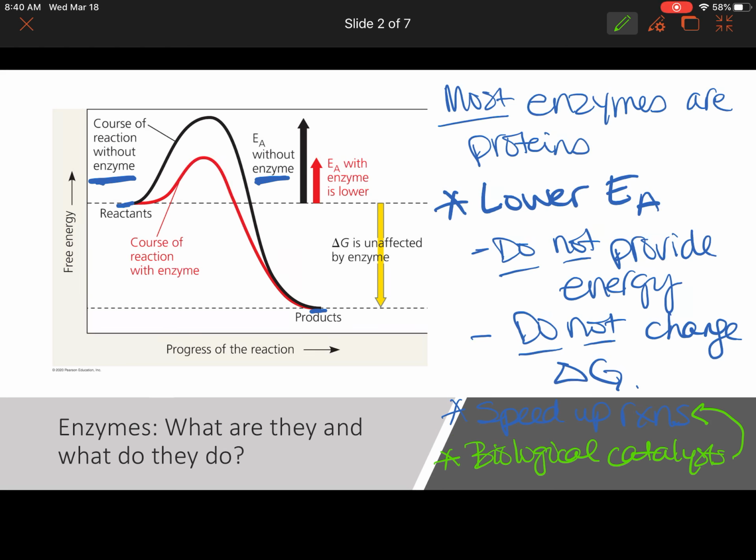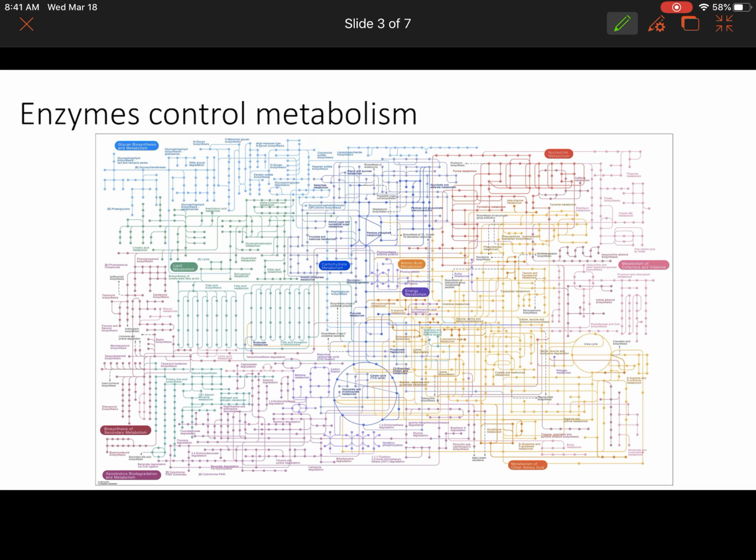They speed up chemical reactions because they are catalysts, okay? But notice the delta G for both reactions with the enzyme and without the enzyme is the same, because the enzymes are not changing the free energy of where the reactants start, and they're not changing the free energy of where the products finish. They are only changing the energy of activation.